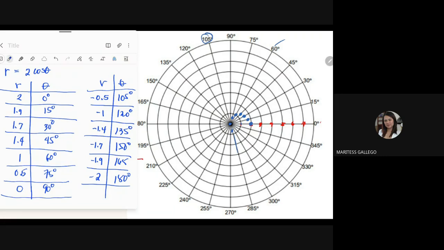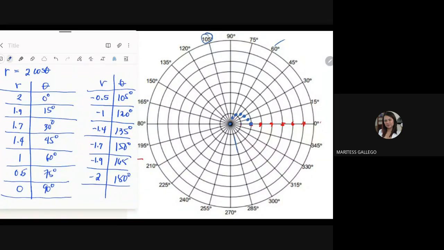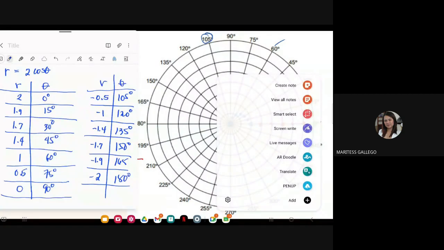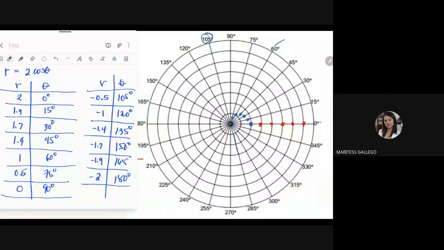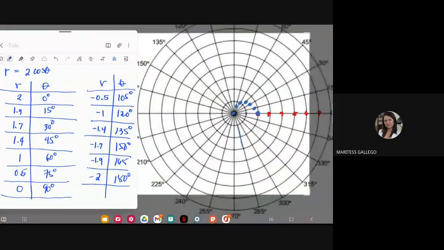Okay, dyan, yung 0.5. Nawala naman. Wait, screenshot ko lang. Okay. Ayan.